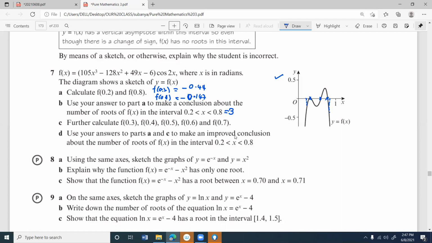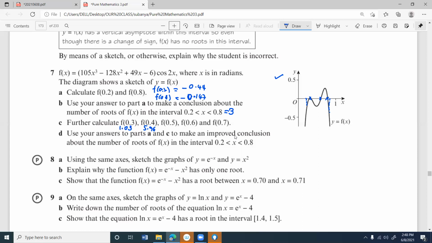Minus 6 cos 2 starting from 0.3 to 0.7 with step 0.1. Then you get the answer. Something went wrong, one second.